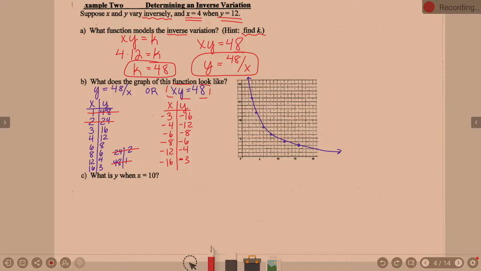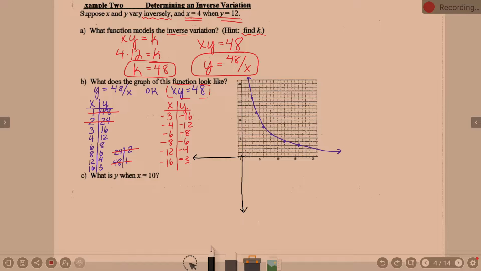Our graph was only set up for the first quadrant. And that's all right, I'm not going to be real specific on the other, but where do these negative ordered pairs fall? Quadrant 3. And here's what I'm going to do. If we were to extend our x-axis and y-axis, right? My current graph is in quadrant 1.